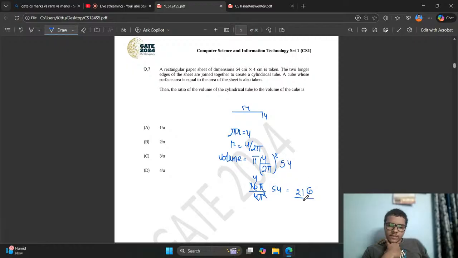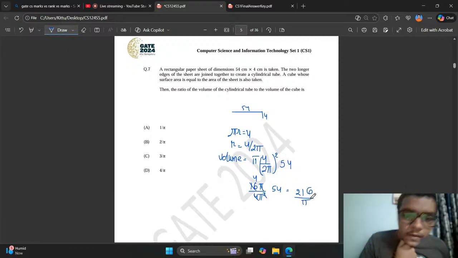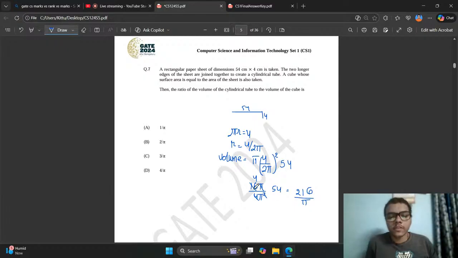That's it, right? Yep. So volume of the cylinder, volume of the cube. So the total surface area of the cube is, okay, surface area is equal to the area of the sheet. So the area of the sheet is 54 times 4, that is 216.